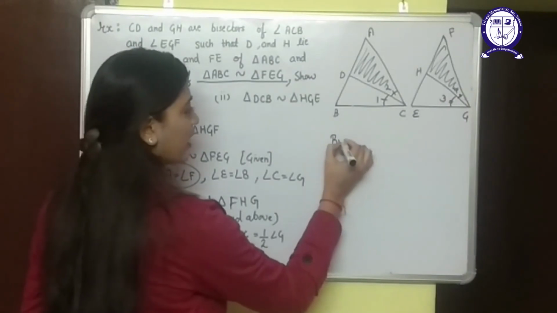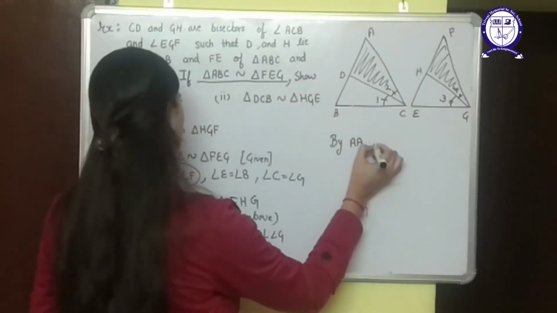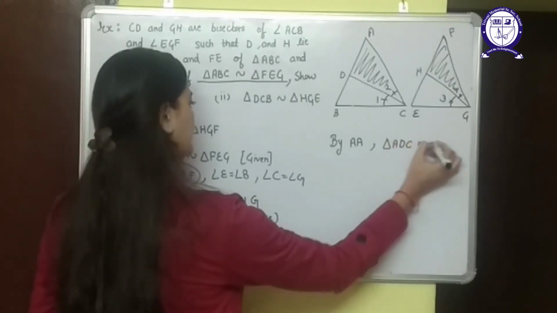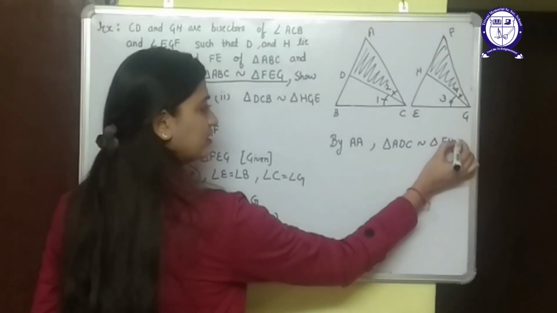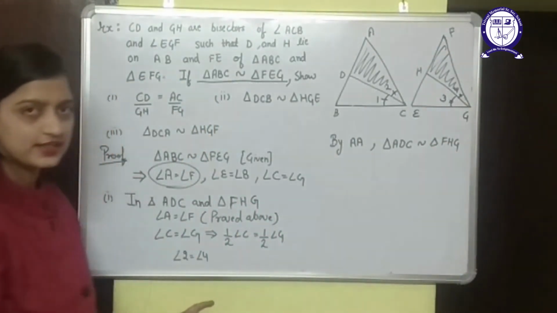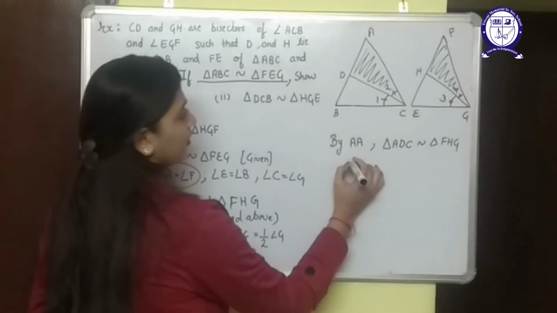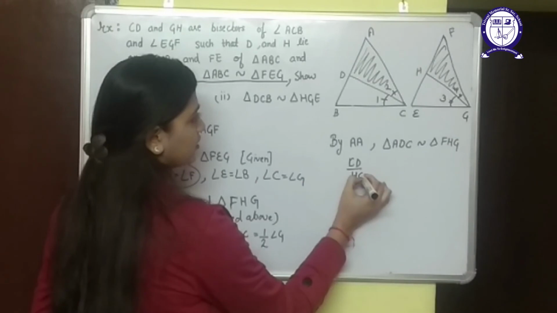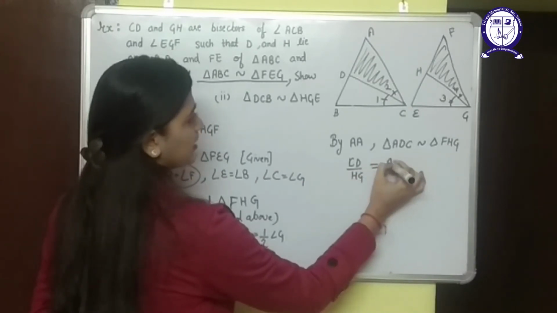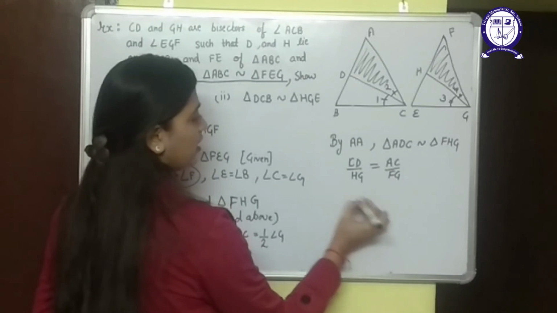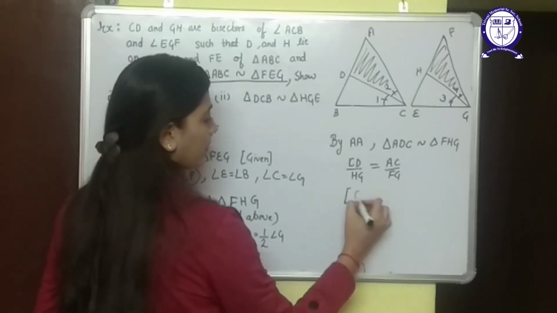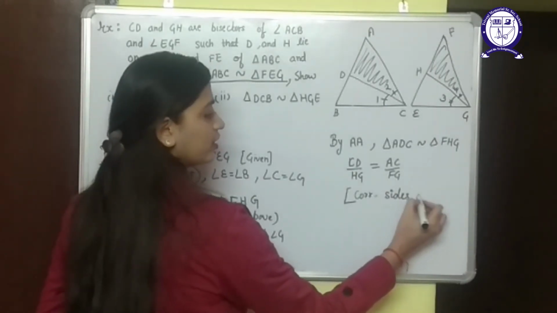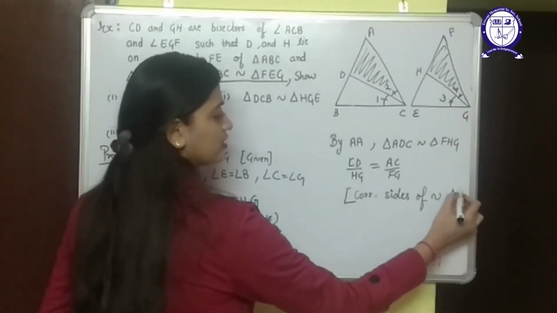So by angle criteria, triangle ADC is similar to triangle FHG, and since the triangles are similar, I can say CD upon HG is equal to AC upon FG, and the reason will be corresponding sides of similar triangles.